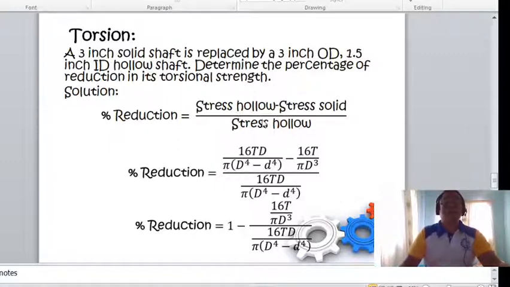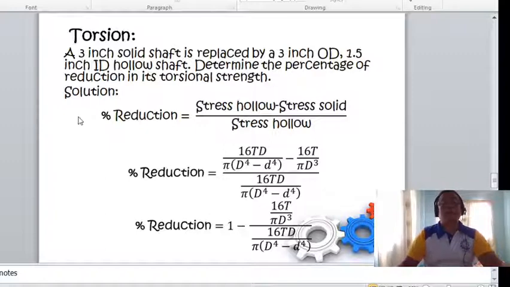Okay? So, getting now the percentage reduction of the strength. Percent reduction is equal to the stress for the hollow shaft minus the stress for the solid, over the stress for the hollow. We multiply this by 100%, okay? So, substituting now the formula.